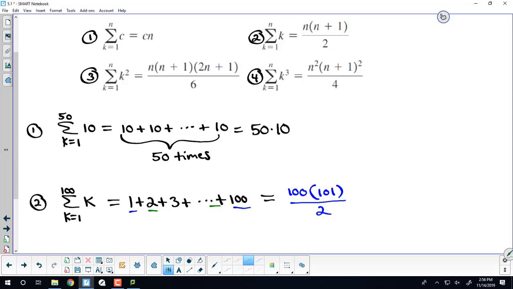The k squared formula is for when we're summing up the counting numbers squared, 1, 2, 3, 4, but they're all squared. And then the other formula is for all of them being cubed. Again, depending on where you stop. You have to make sure that you're summing up the squares when you use this formula and so forth.